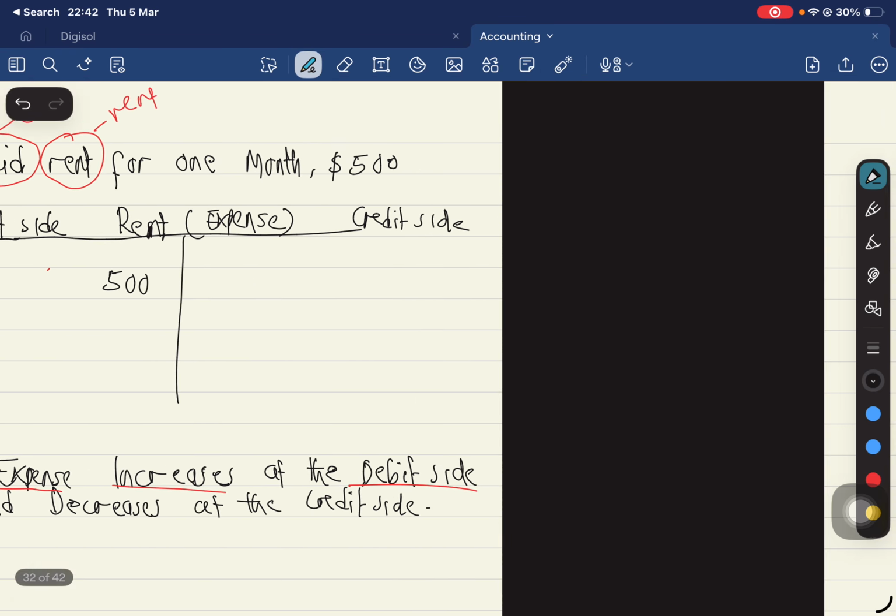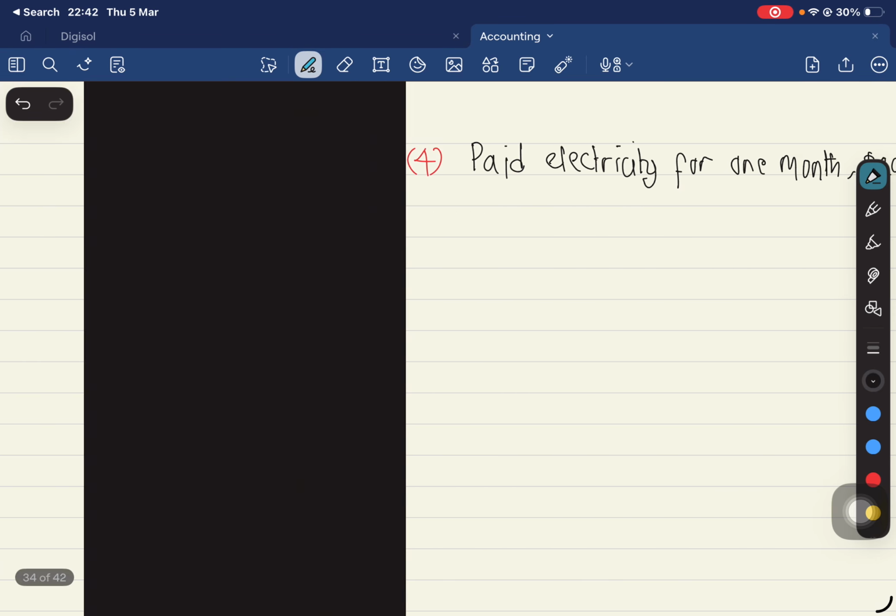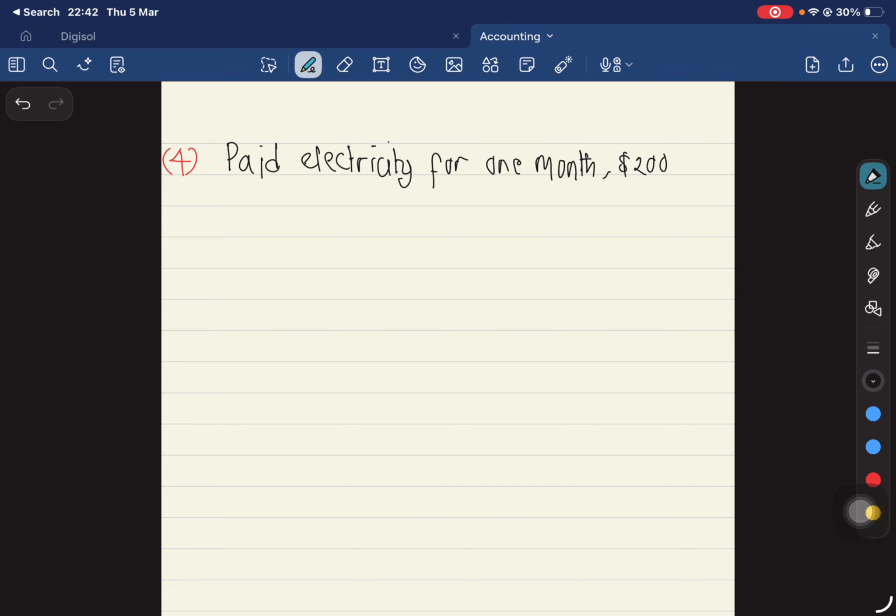Now let's look at question 4. Paid electricity for 1 month. This is similar to what we did in question 3. So paid electricity. We know we paid with cash. So cash and electricity.